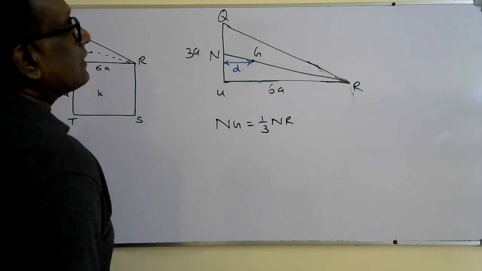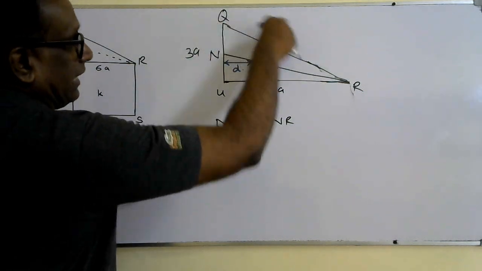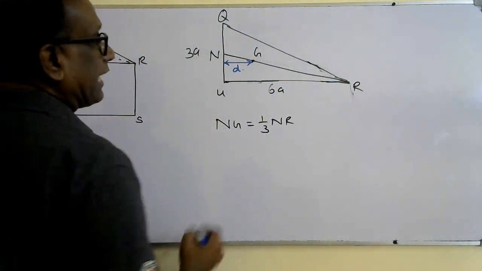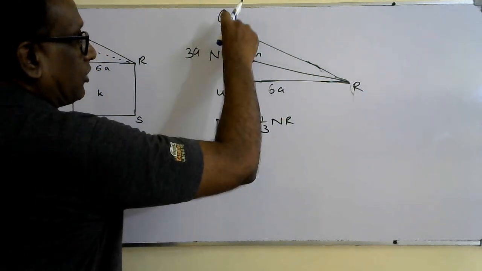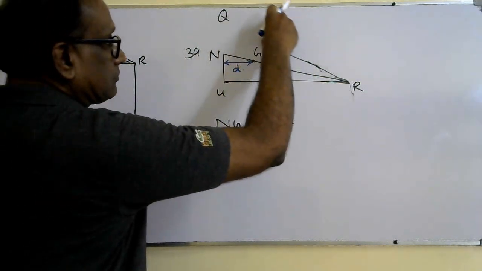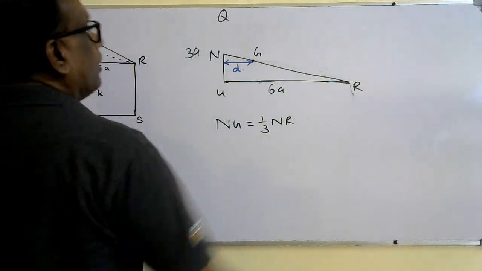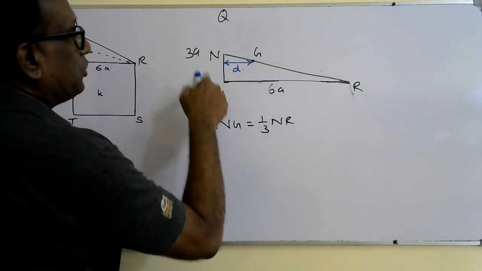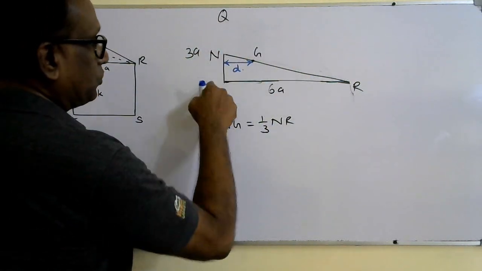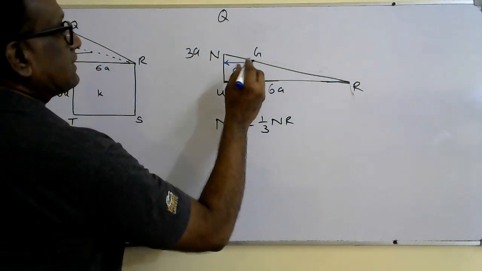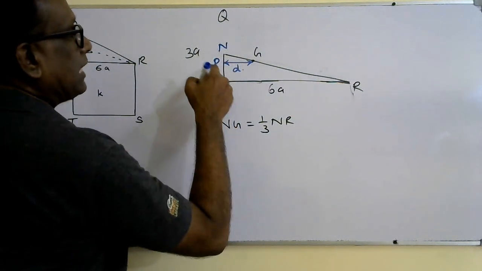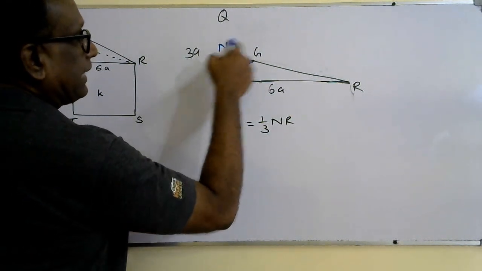Now consider the triangle. Imagine this triangle, I don't need to consider this one. So in this triangle, I can imagine two triangles. Forget about this portion. One is UNR, and the next triangle, this is N, this is P, that is triangle PNG.